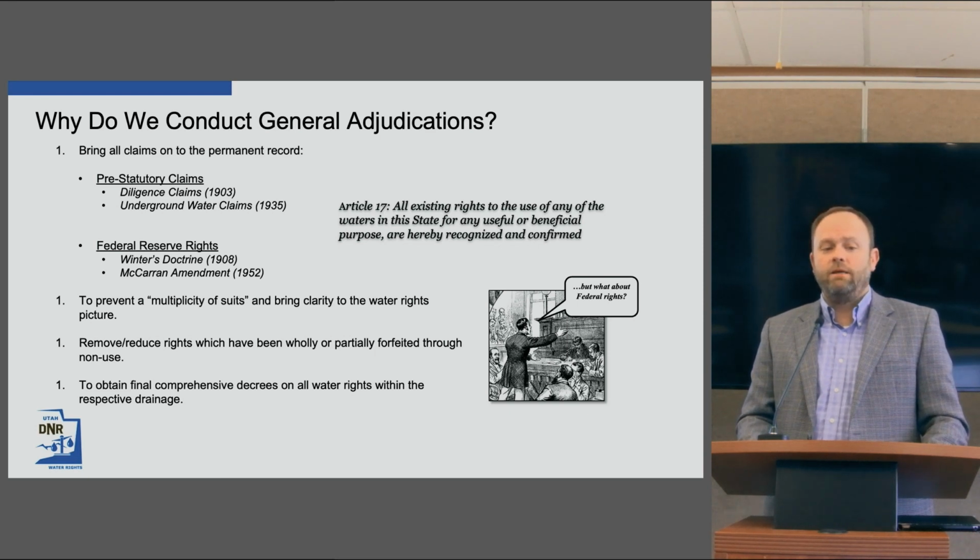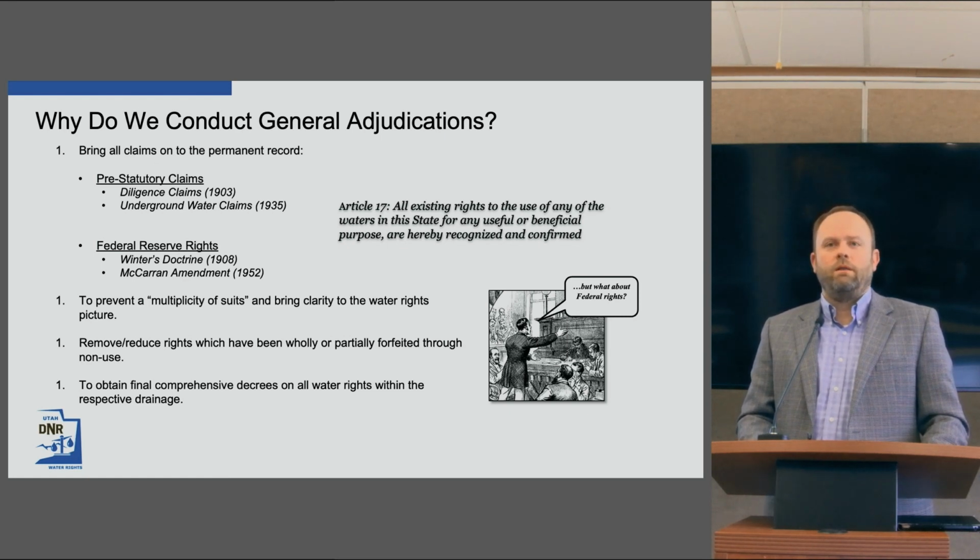Kind of defining these two types of pre-statutory water right is this premise that's laid out in Article 17 of the Utah State Constitution. It says that all existing rights to the use of any of the waters in this state for any useful or beneficial purpose are hereby recognized and confirmed.